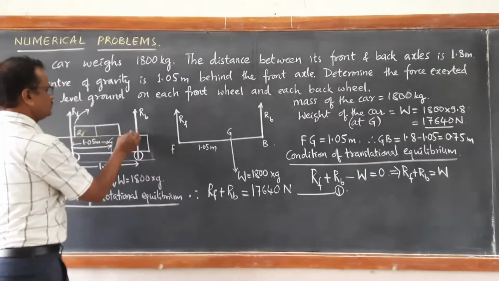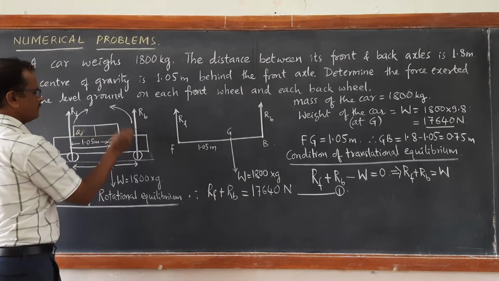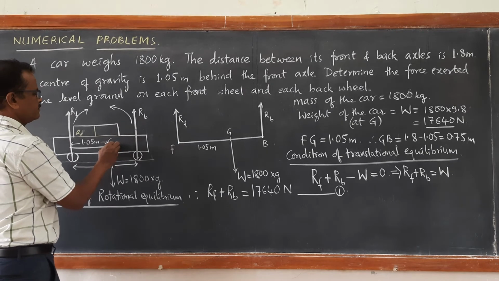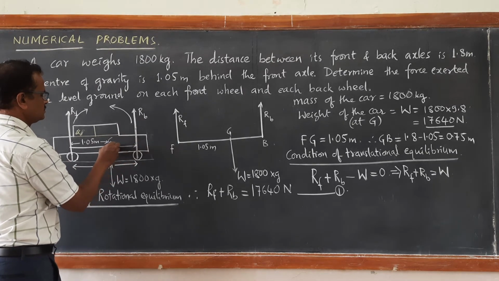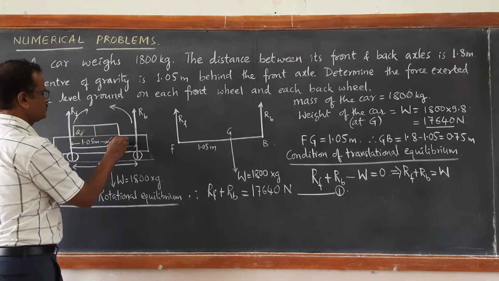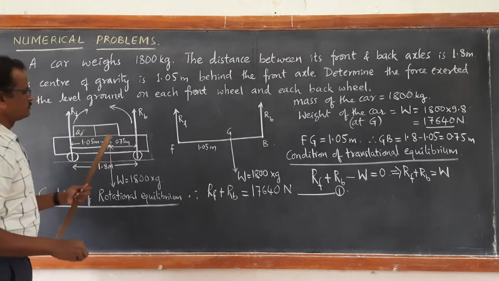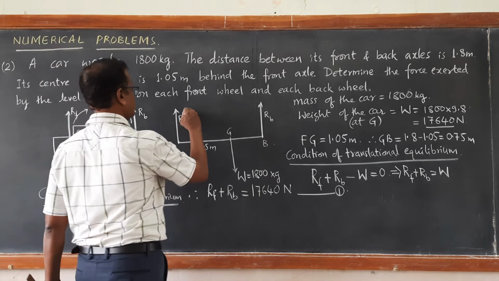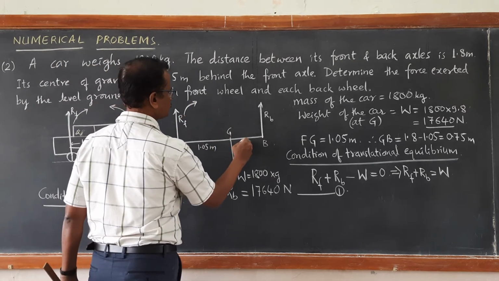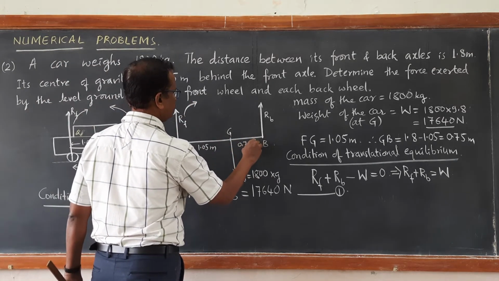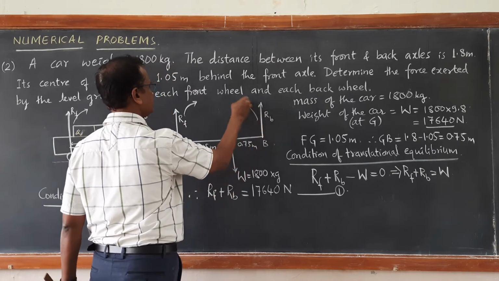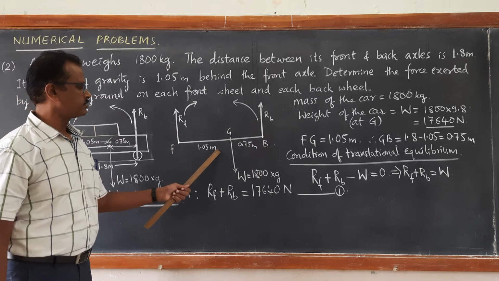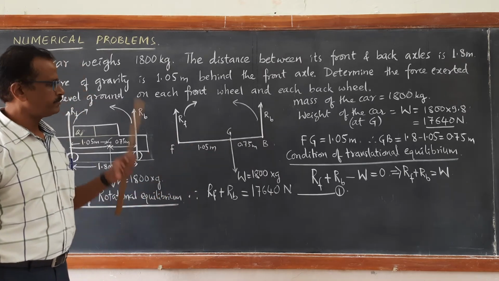And this normal force at the back wheel is vertically upwards, multiplied by this distance, which is 0.75 meter, so this must be acting in the anti-clockwise sense. So RF into 1.05 about the center of gravity must be taken negative.